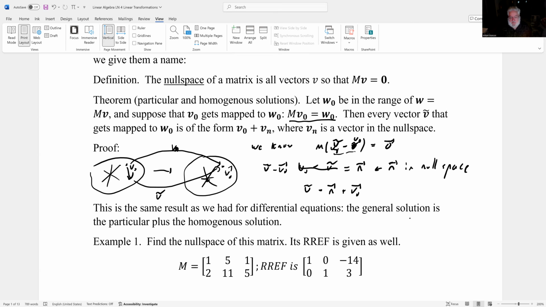Right? So V tilde has to be a vector in the null space plus a particular vector that goes to W0. So if I know what the null space is, suppose the null space is some kind of plane, then all the vectors that get mapped to W0 are V0 plus vectors that are in the null space.